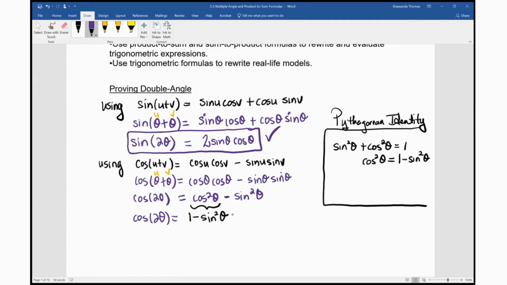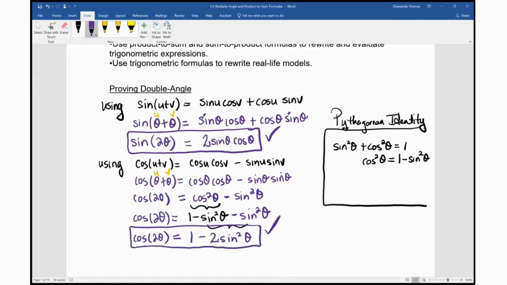And I also have another minus sine squared theta. So cosine of 2 theta equals, these are like terms here, so we can add them together. That'll be 1 minus 2 sine squared theta, which is another double angle identity.